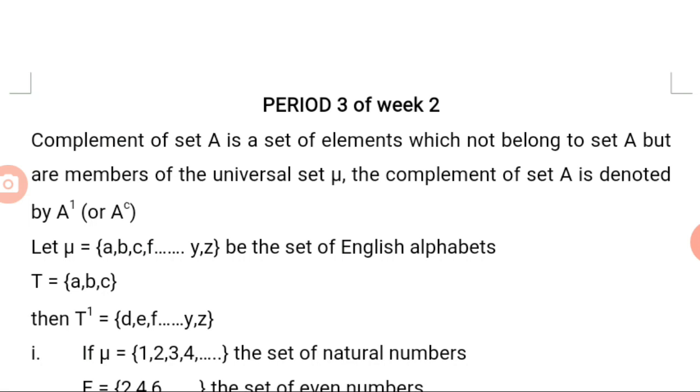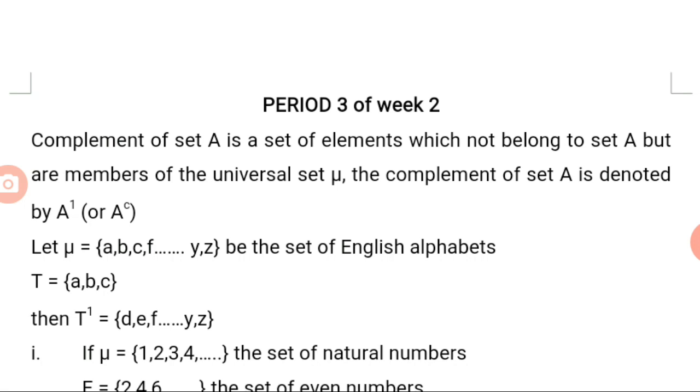Is that clear? Or we can say capital A superscript 1 or capital A superscript C. Are we together?